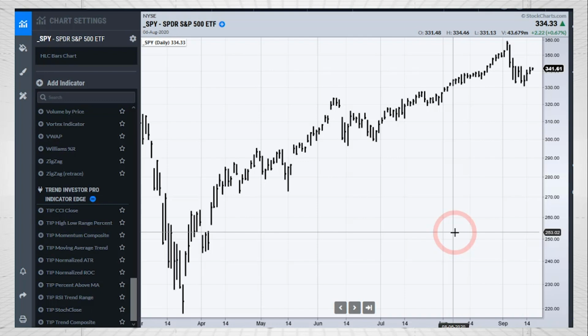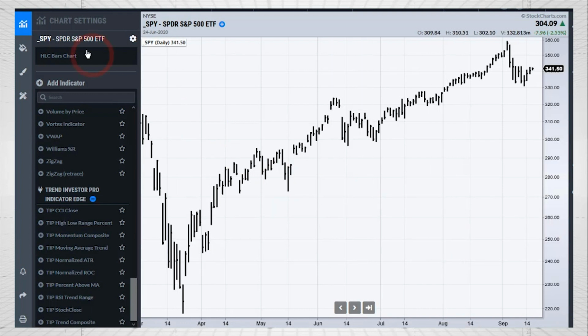And I do prefer to use these indicators mostly for SPY and QQQ, but you can also use them for stocks and ETFs to find out if volatility is rising or falling. Because a low volatility event can be the signal of a consolidation and look for a breakout. A high volatility event can be a sign that things are getting a bit out of hand and you may want to pull back a little bit.